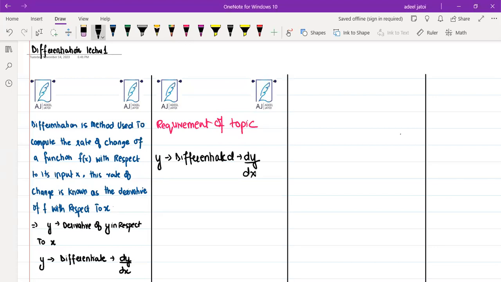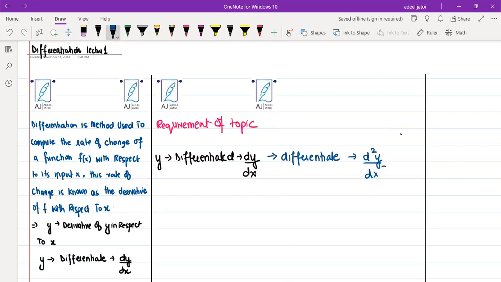When y is differentiated, we get dy upon dx. Same way, if dy upon dx is differentiated, we get d2y upon dx square. That means this is your double differentiation. Double differentiation from y to dy upon dx, and dy upon dx to d2y upon dx square.